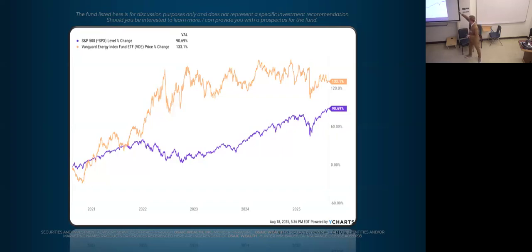So for example, right here, if I'm comparing this energy ETF to the S&P 500, the returns are very different. So yes, the beta is high on there, but I'm not going to experience that when the S&P moves a certain way, that the multiplier, I'm going to experience exactly that multiplier.